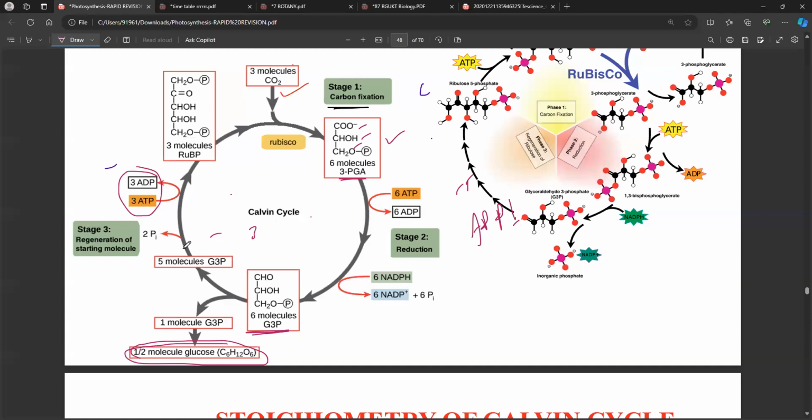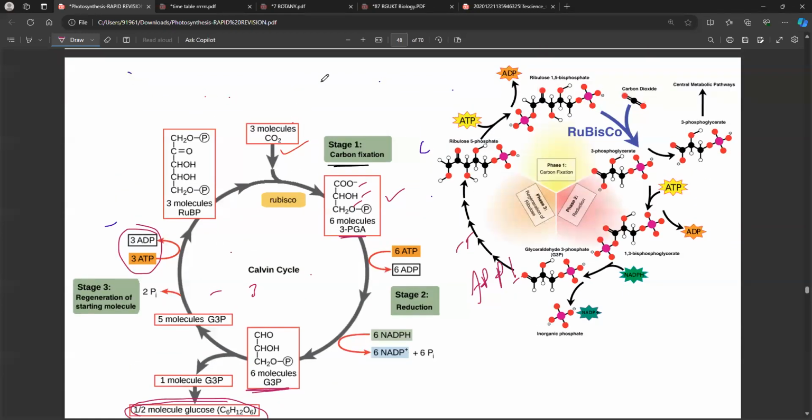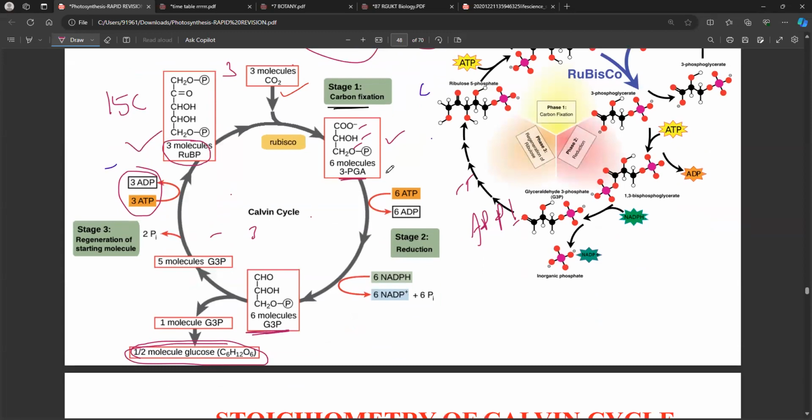So I'm summarizing it in a simple manner, and I am only talking about half a glucose. In order to produce half a glucose in the Calvin cycle, the cycle has to turn 3 times. So if it is turning 3 times, someone has to accept the carbon every time. Who is the acceptor of carbon? RuBP. 3 molecules of RuBP, each RuBP 5 carbon, together 15 carbon, combining with another 3 carbon, total 18 carbon, break down into 6 molecules of 3-PGA, each one a 3 carbon.